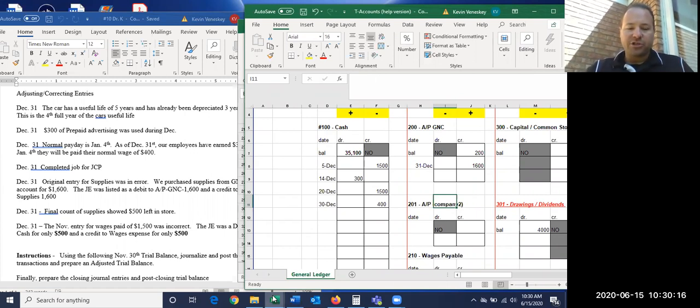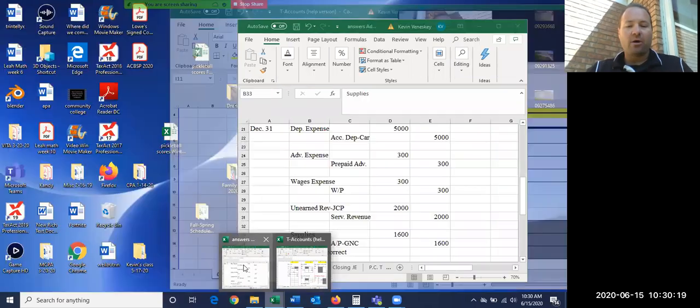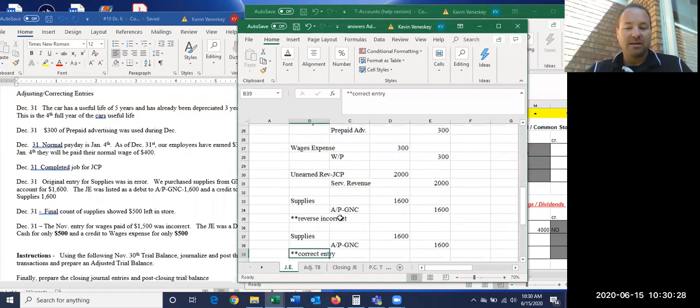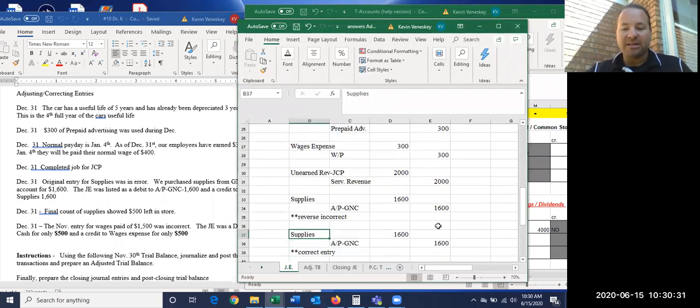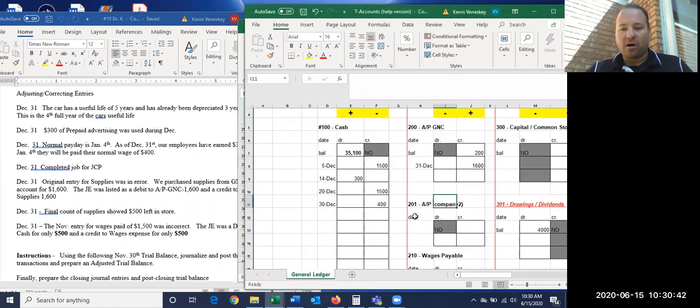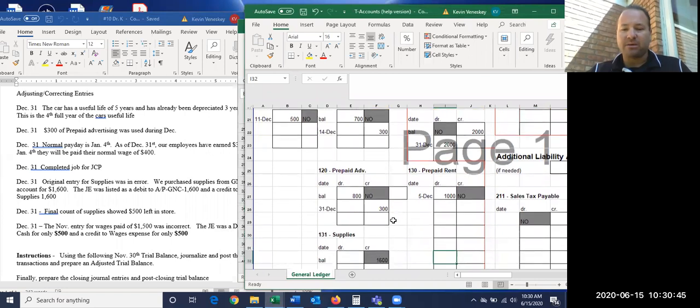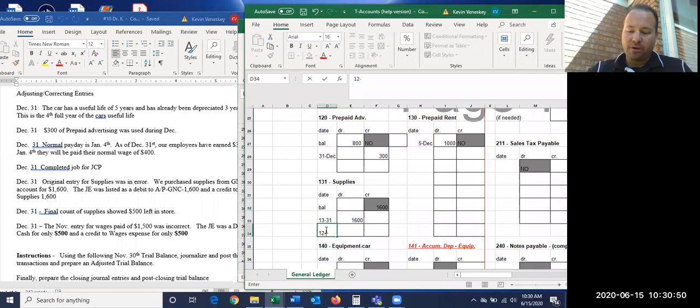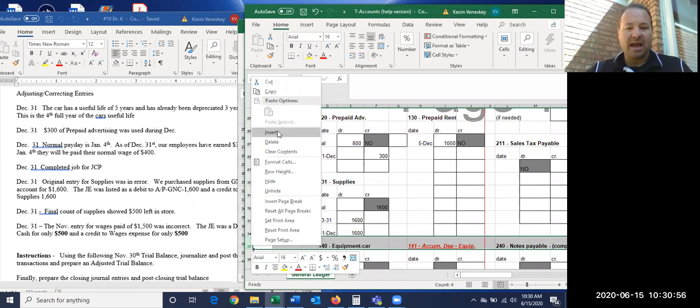Now, all we've done so far is undo the bad thing. We now have to update to the real entry. And you might be able to see this already, but if not, the real entry is exactly the same as the undo entry. We should have debited our supplies by $1,600. So now our supplies, instead of it just being zero, which it is now when I cancel out the old thing, we're putting in a new $1,600 to get us to our actual balance.